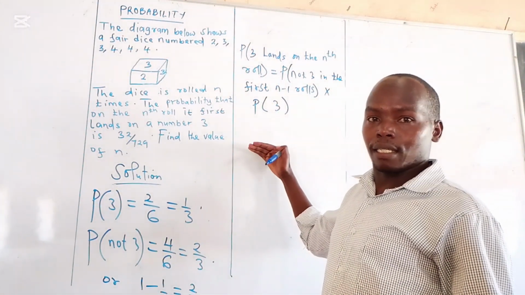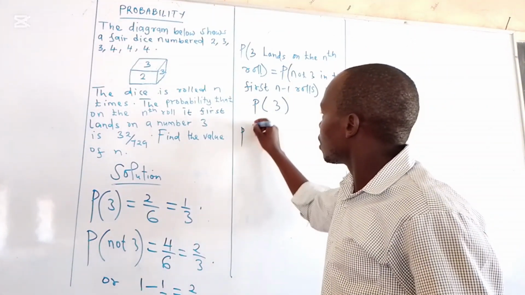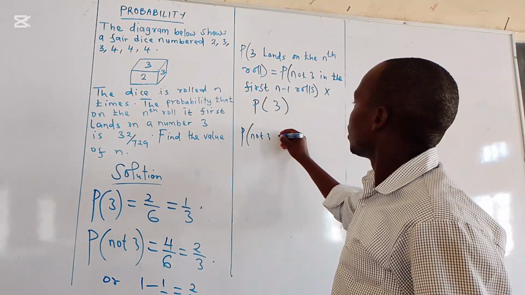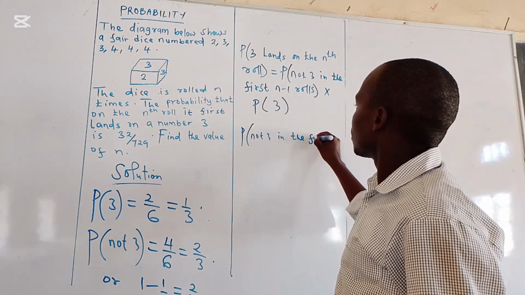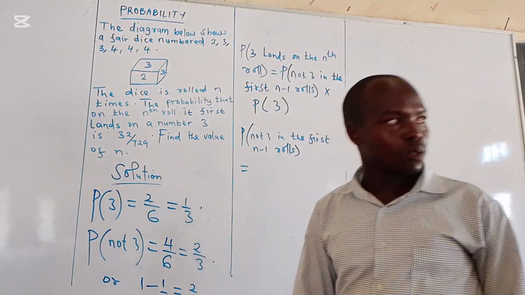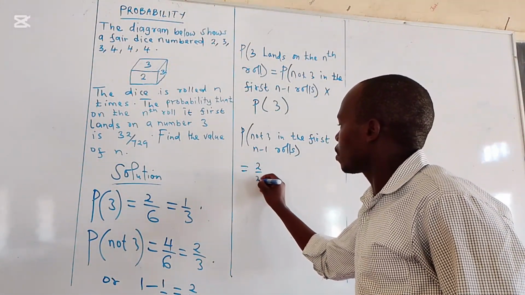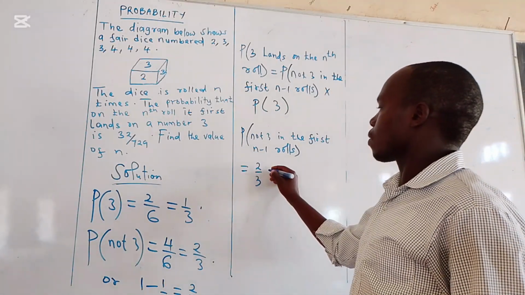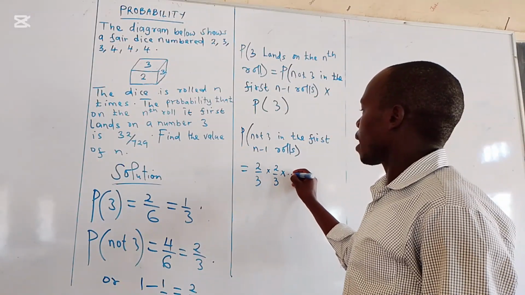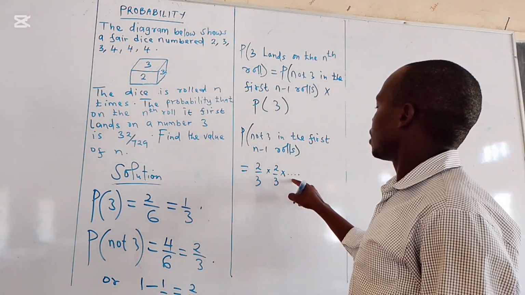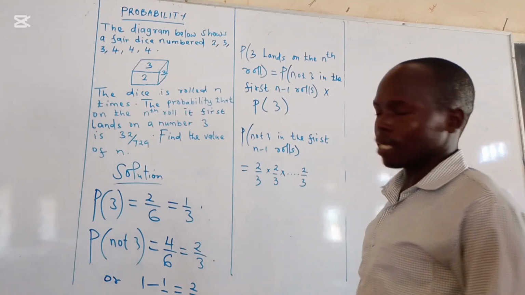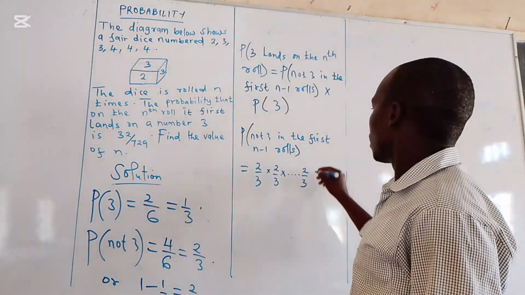Let's take it procedurally. The probability that it is not 3 in the first n minus 1 rolls is equal to the probability that it is not 3, which is 2/3 in the first roll, multiplied by the probability that it is not 3 in the second roll, multiplied by the probability that it's not 3 in the following rolls, like that, up to the probability that it is not 3 in the n minus 1 roll.